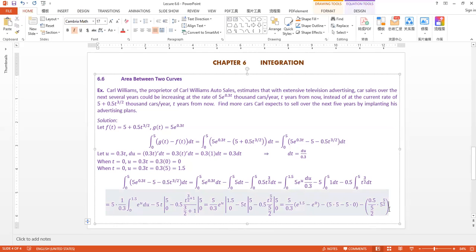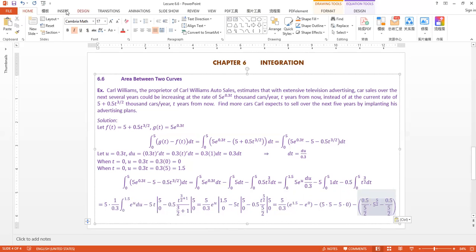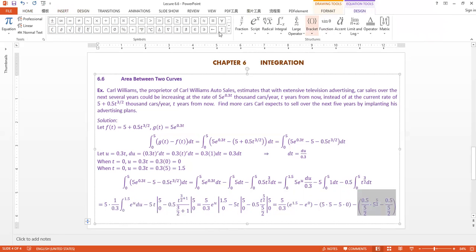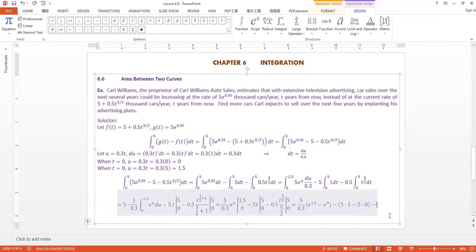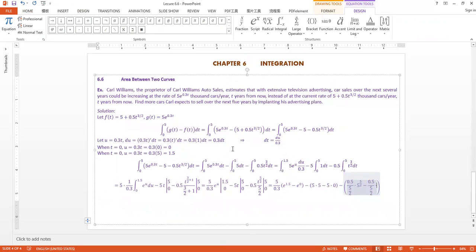This is a lengthy process. Minus this coefficient, 5 over 2, times 0 to the 5 over 2.